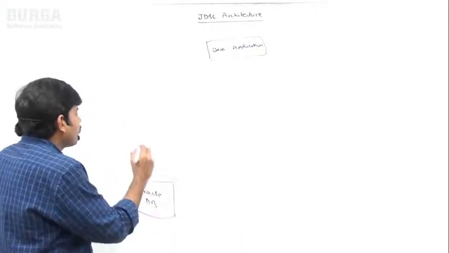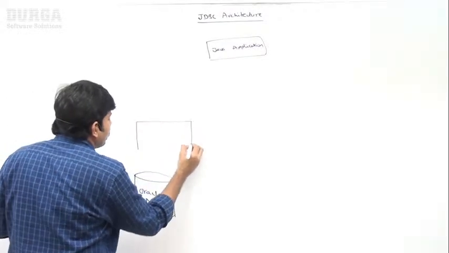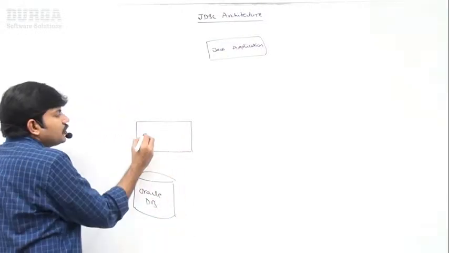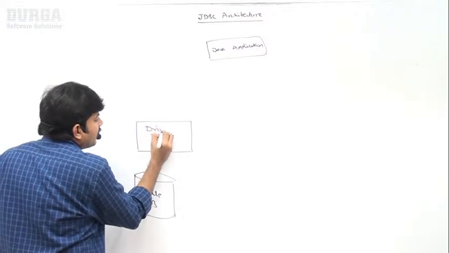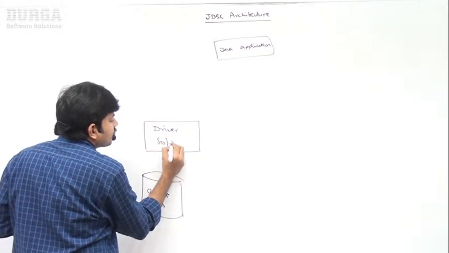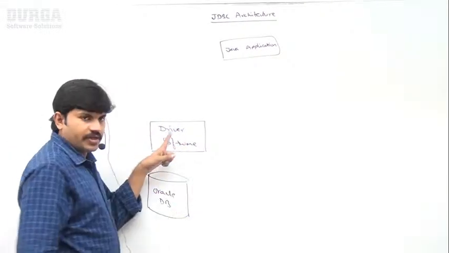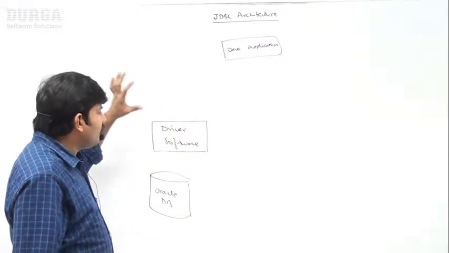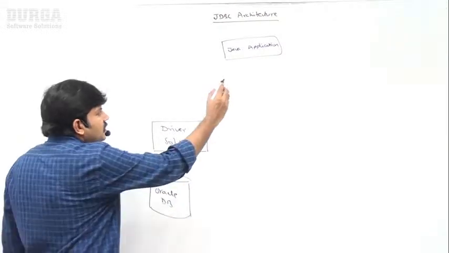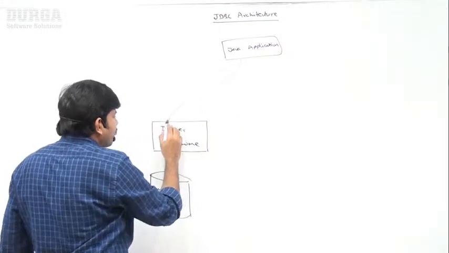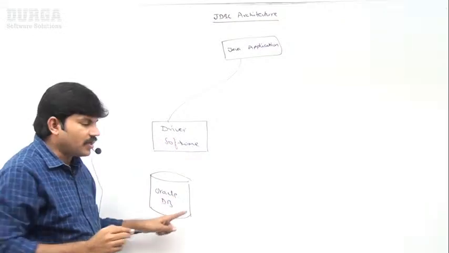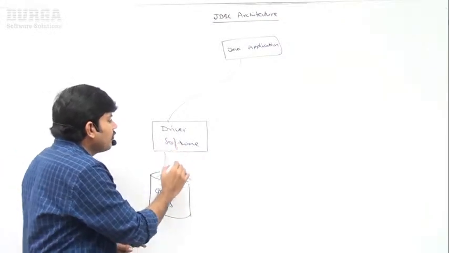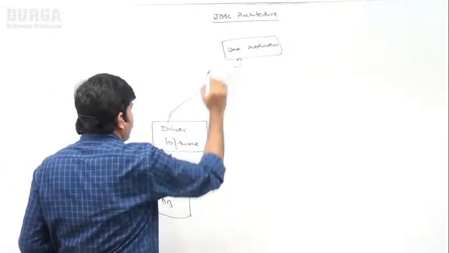That special software is driver software. Are you getting it? So this is driver software. Can you spell out what is the role of driver software? Java calls will be converted into database specific calls, and database specific calls will be converted into Java calls.